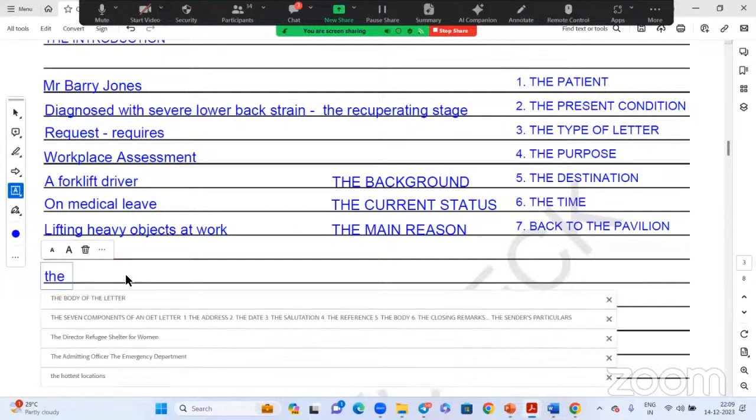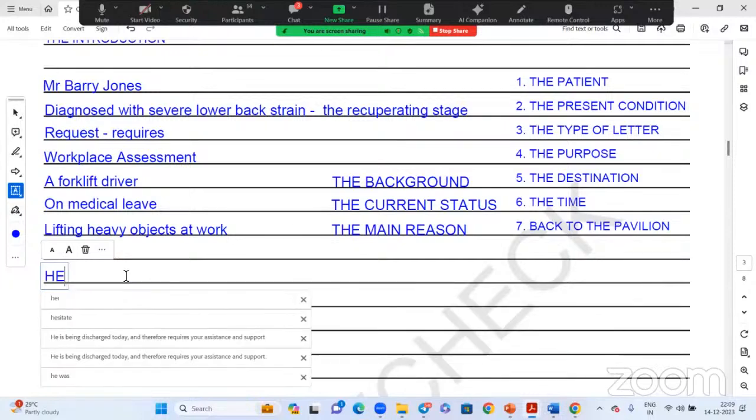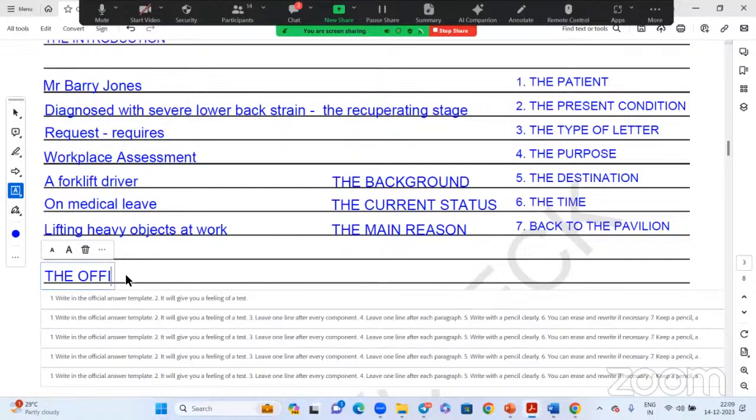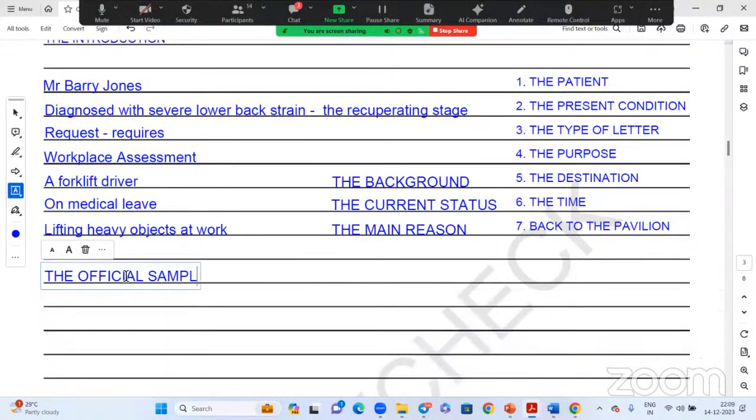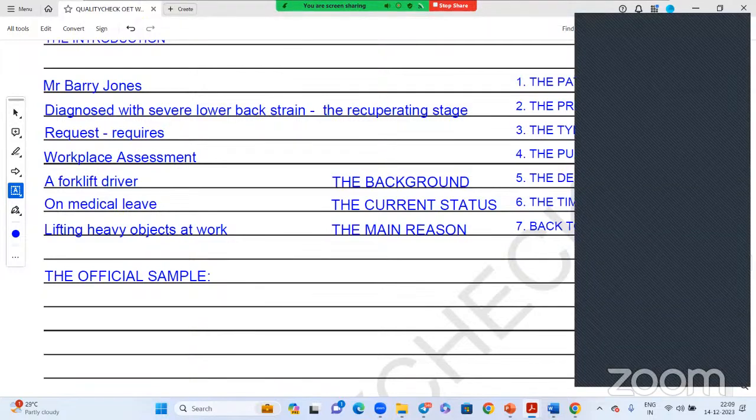So the official sample. Okay, write down your sentences, please.